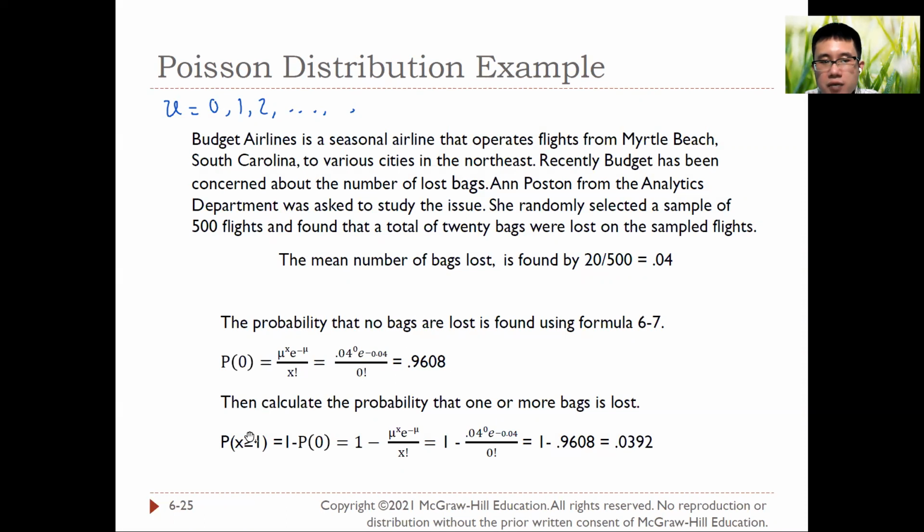And if we have this inequality, the probability that one or more bags are lost, or the probability of x greater than or equal to 1, we can use this complement formula to find the probability.